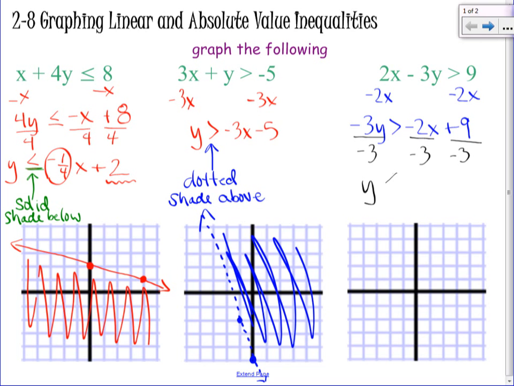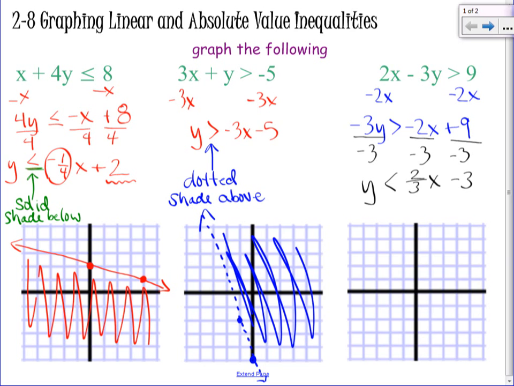Now we make it less than because we divided by a negative. What's the slope? Won't be negative, right? The two negatives cancel out, so 2/3 x minus 3. Okay, so now we can plot this.